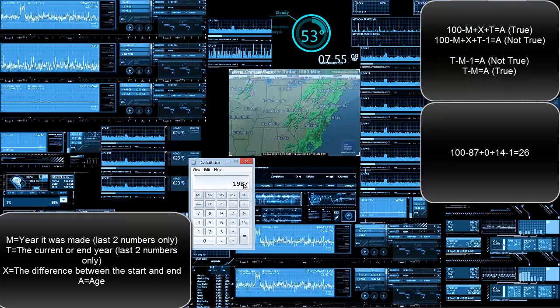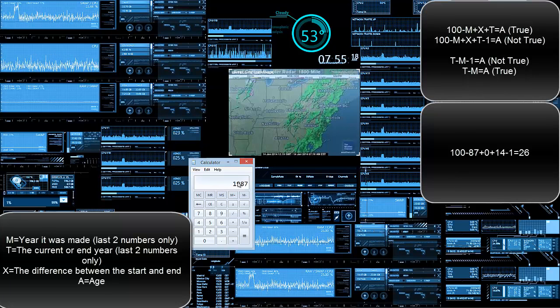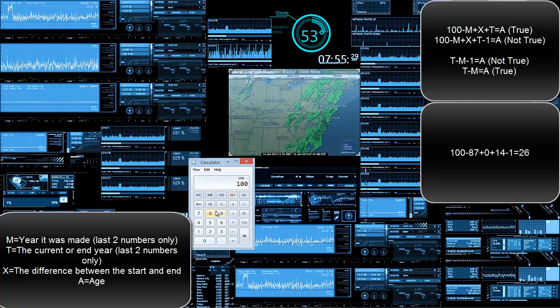Given that everything on the left from the 87 is different than it is today, since it's 2014, so it's 2000, went up 1, then we need to put in 100. 100 minus the last 2 digits gives you 87.